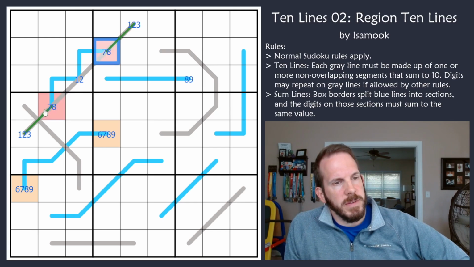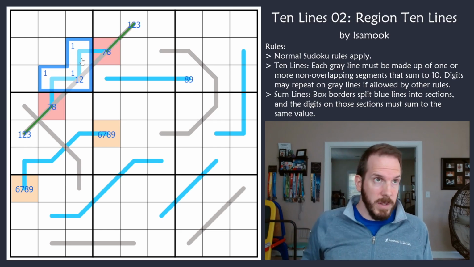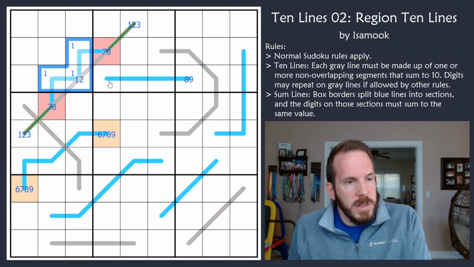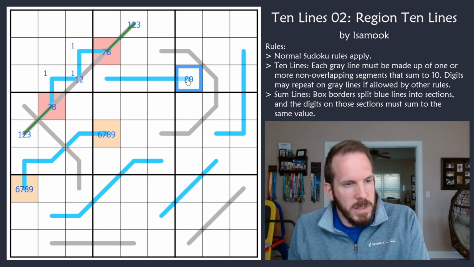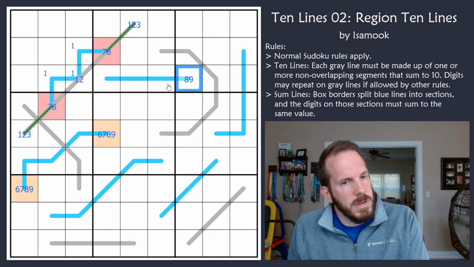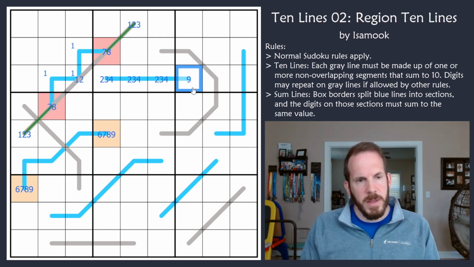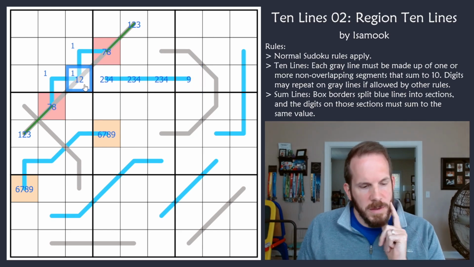We also know because this is either a 7 or an 8, this always needs a 1, because if you don't use a 1, the smallest total you can get is 2 plus 3 plus 4, which is 9. This doesn't need a 1 on it, because this could be, or does it? If we don't use a 1, this would be 2, 3, 4. Let's write that in. And this would be a 9. So this would need to be a 1.